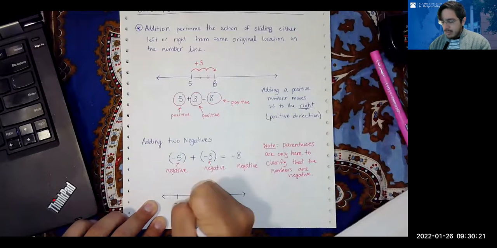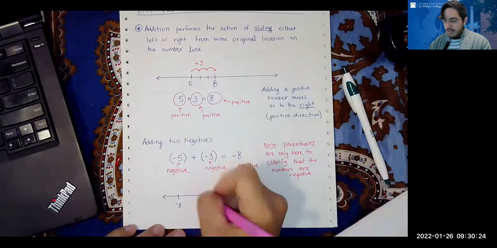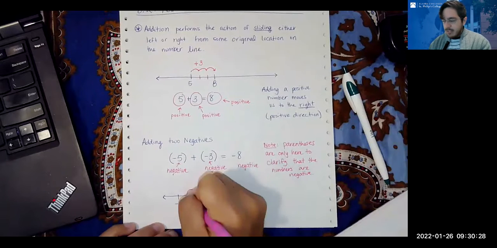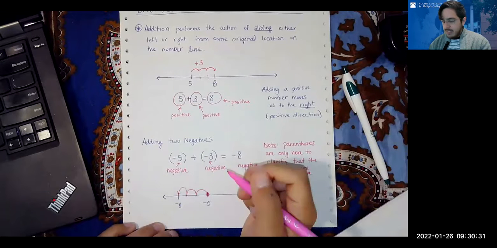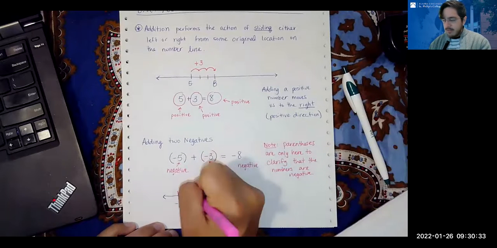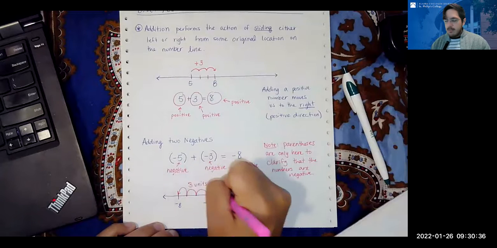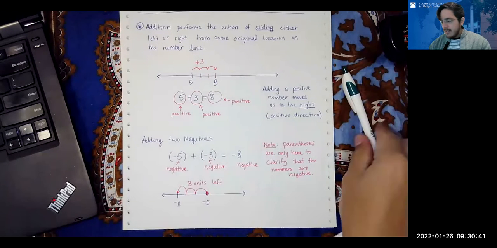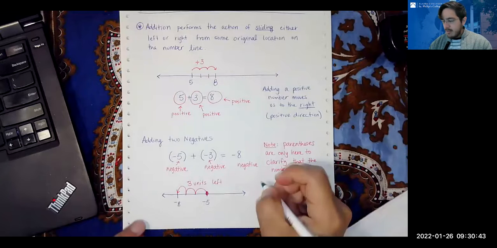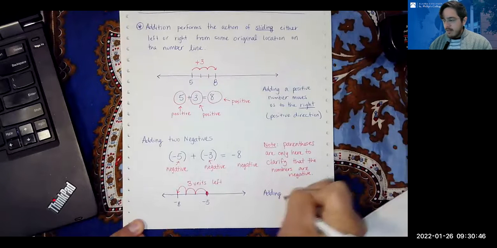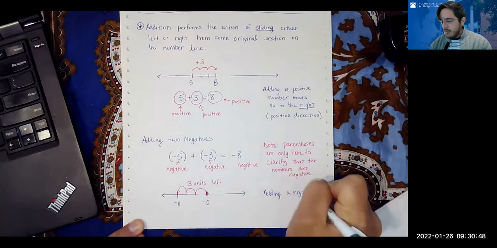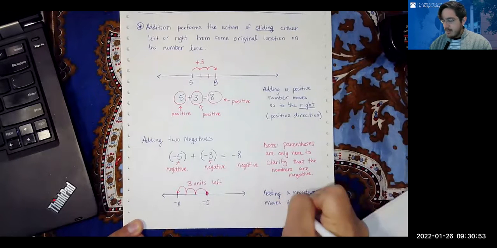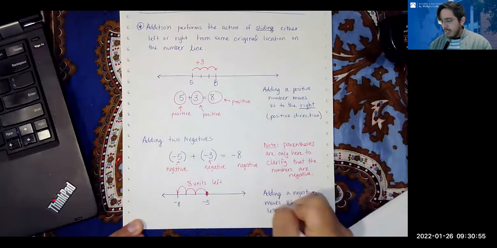So what we're doing is starting at our first location, moving over 1, 2, 3, but we went 3 units to the left. Okay, so when you add a negative number, that's going to move you to the left or the negative direction.